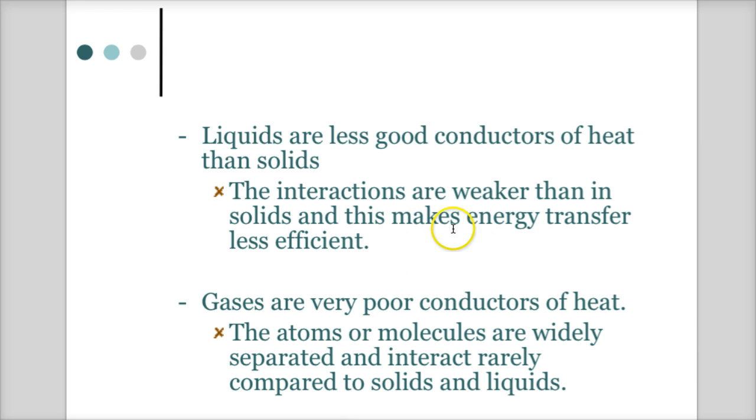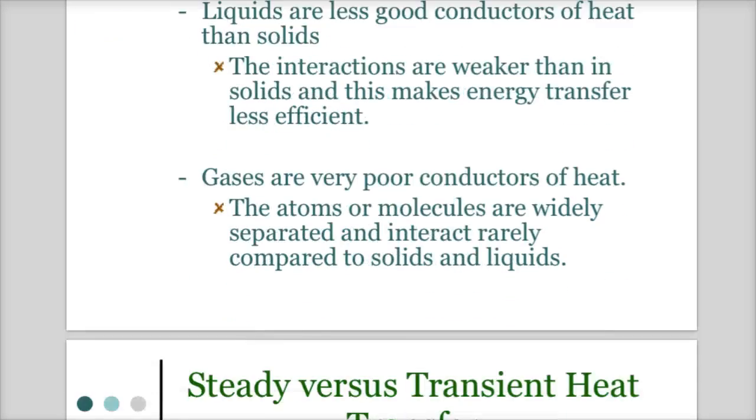So since gases are poor conductors, the conduction between your body and the outside atmosphere is poor. So your body loses less heat, particularly if it's cold or windy or raining or snowing out there. Anyway, let's move on to the next part.